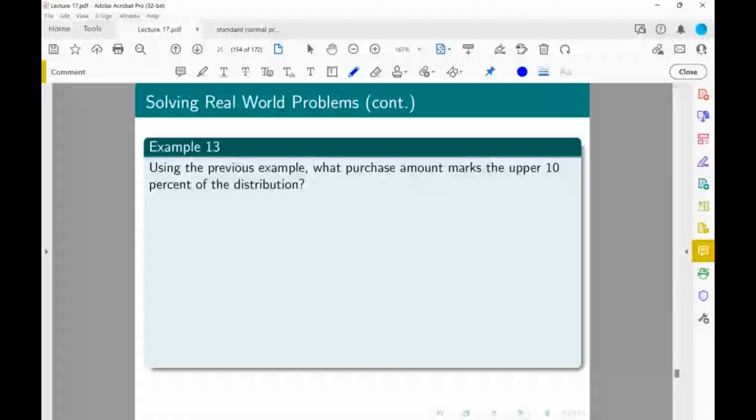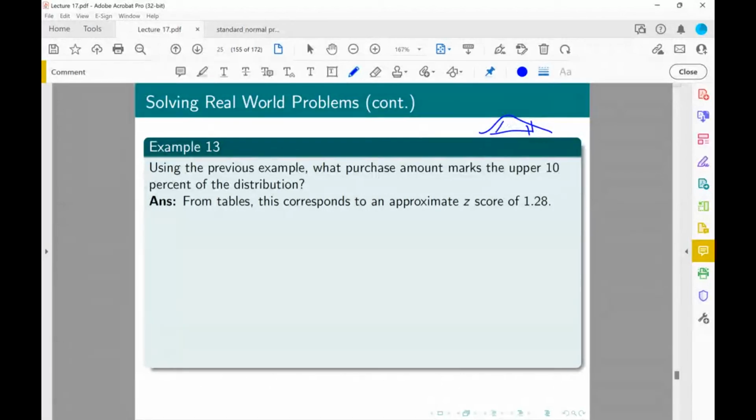So if we're trying to find the upper 10%, we'll work out where the probability should go to 90%. So the probability should be equal to 0.9, and I'll leave you to double check on the table.